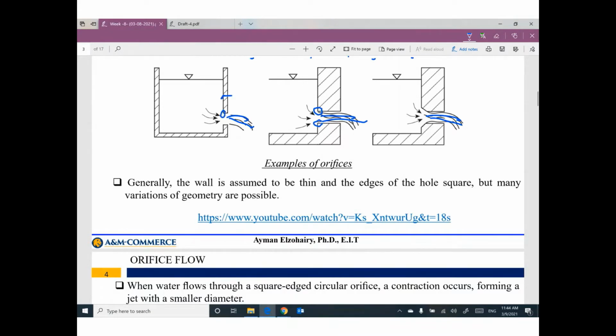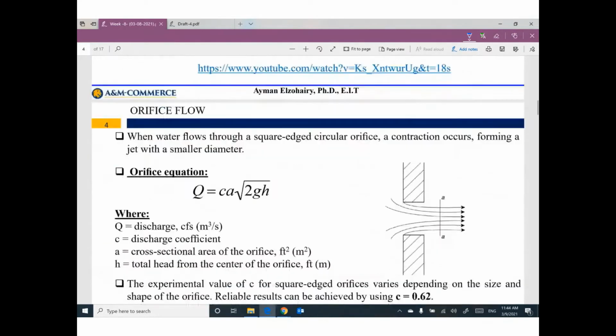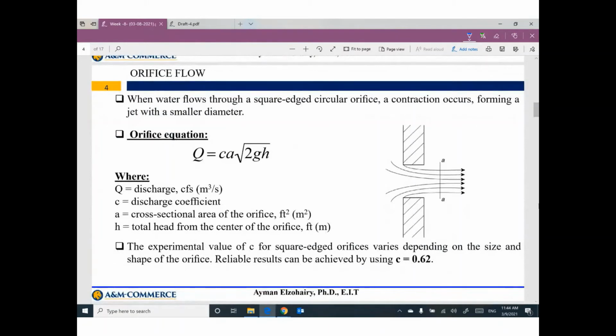Sometimes we have a thin wall, sometimes a thick wall, with something like a chamfer at the exit. Generally, the wall is assumed to be thin and the edges of the hole are square, but many variations of geometry are possible.